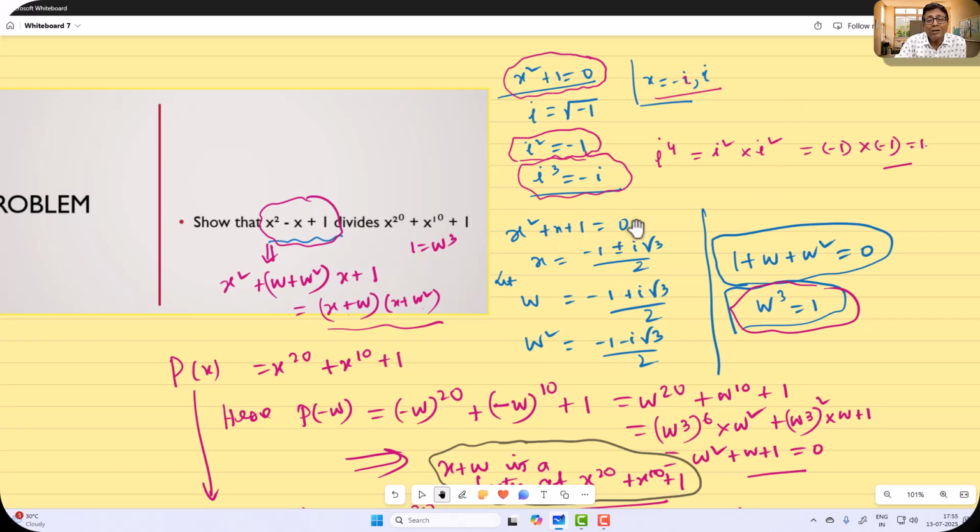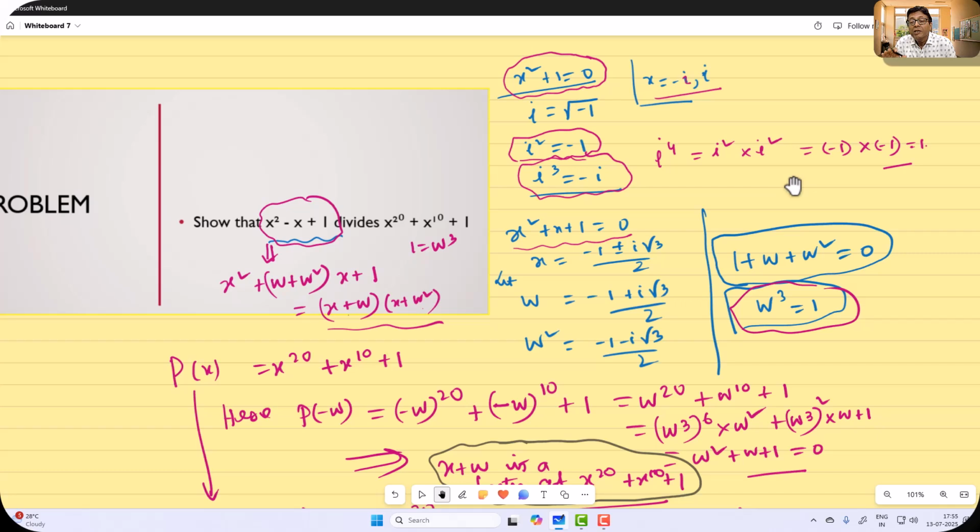And for x square plus x plus 1 equal to 0, the roots are, by the quadratic equation formula, minus 1 plus minus i root 3 by 2. If one of the complex roots is taken as omega, that is minus 1 plus i root 3 by 2, the other root is going to be minus 1 minus i root 3 by 2.